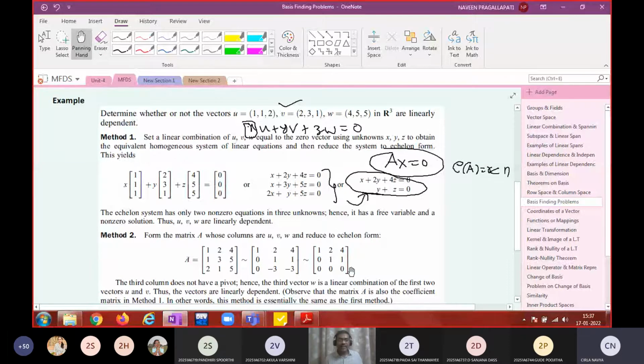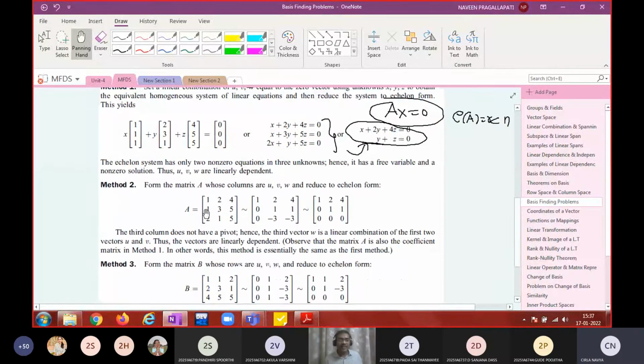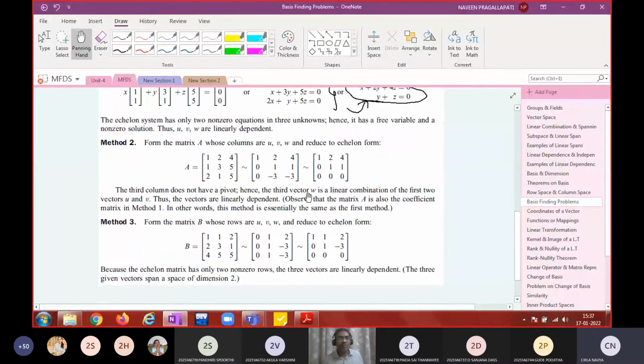See, the rank is less than n, the number of variables, therefore they are going to be linearly dependent, because the space generated by these three vectors is going to have dimension 2, not dimension 3. Any set of vectors which is more than the dimension is going to form a linearly dependent set, I said. So three vectors from a two-dimensional space are obviously linearly dependent.